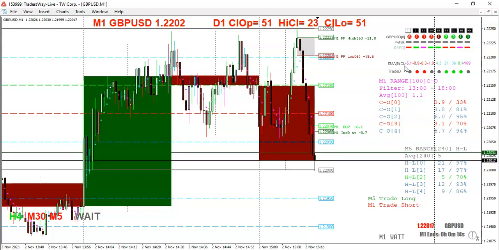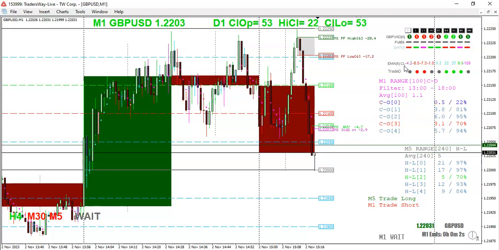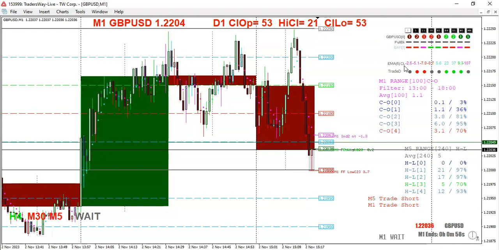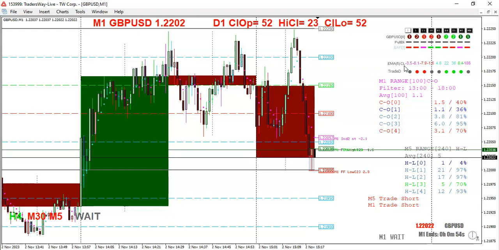I'm going back 240 candles on it. So now I'm going back a day's worth of data, basically, and I'm getting an understanding of what's going on today. What is it telling me? It's telling me that we're having pretty large candles. No, actually, 240 is only about 4 hours' worth, isn't it?